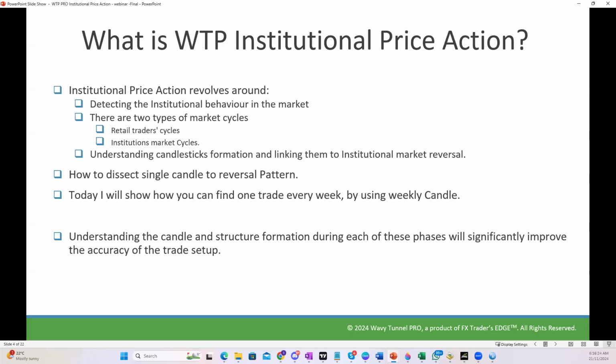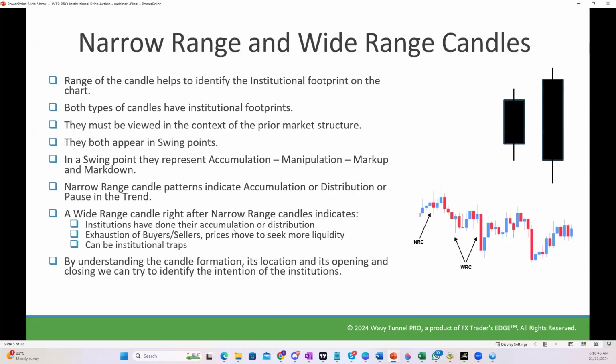If I start trading right now, I can look at this hour's candle, try to find my top and my bottom, and take my trade that way. I will show you how you can find at least one trade every week by using weekly candles, and the same with the daily, 4 hour or 1 hour.